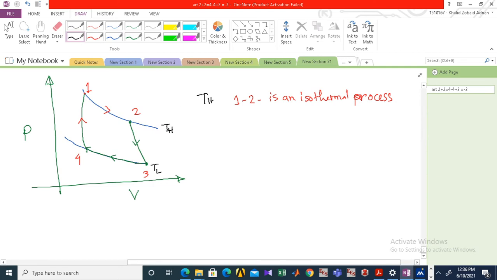Okay, from 2 to 3, it is reversible and adiabatic. I think all the processes are reversible, so we don't need to take that into account separately. So the 2 to 3 process is an adiabatic expansion process.